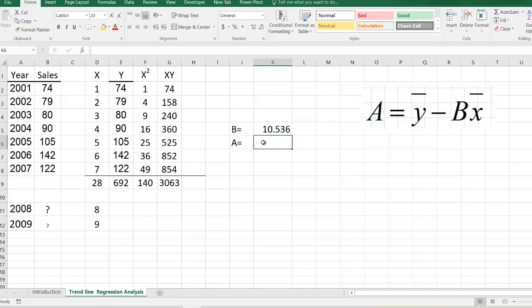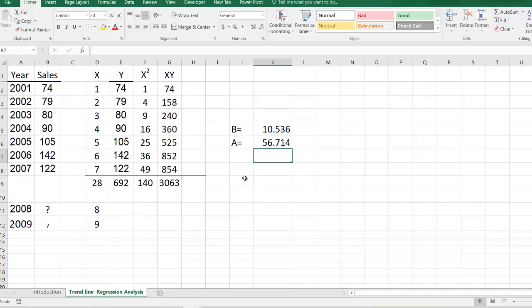So mean of y is simply summation of y divided by n, which is equal to 7, minus b, the value of b, times the mean of x, which is equal to summation of x divided by n, which is equal to 7. Therefore, the value of a is 56.714.